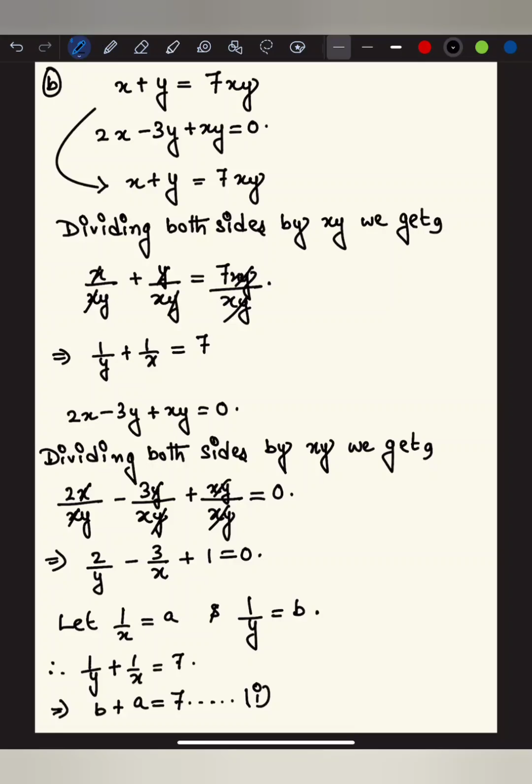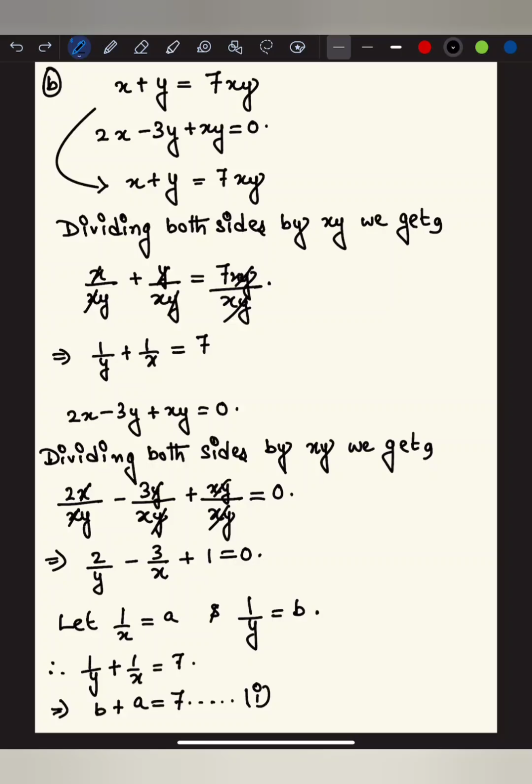So in a similar way, if we divide 2x minus 3y plus xy equals 0 by xy, then what will we get? 2 by y minus 3 by x plus 1 equals 0.